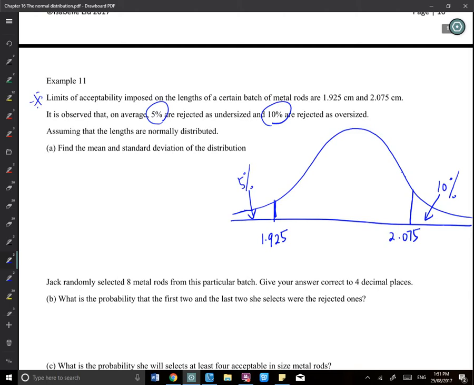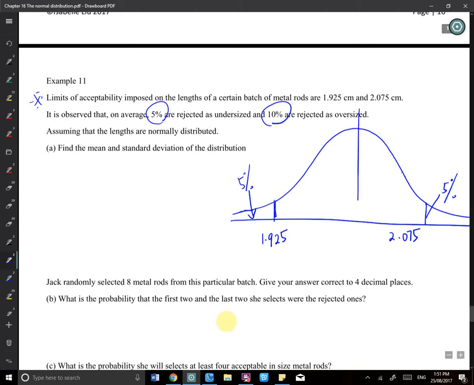Another thing making this question even harder is that the two areas are not the same. The original question was that the oversize is 5% as well. Why is it easier if it's 5% and 5%?